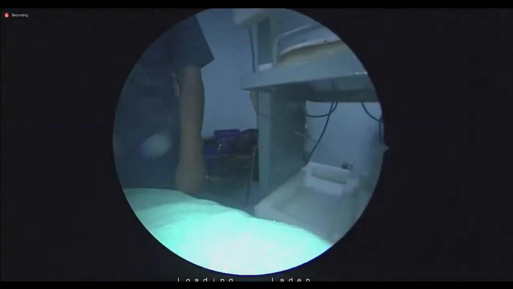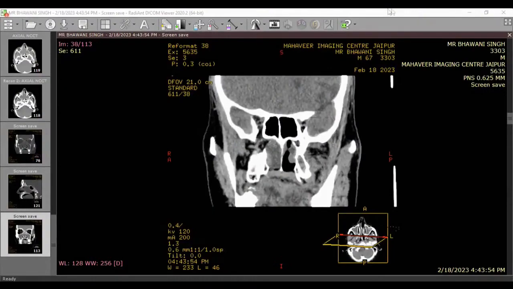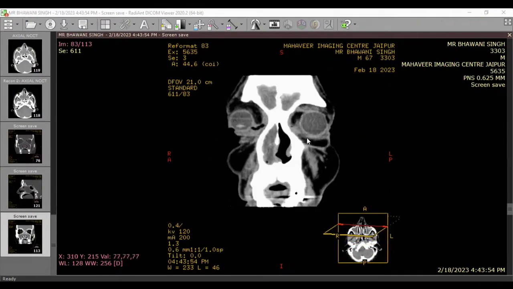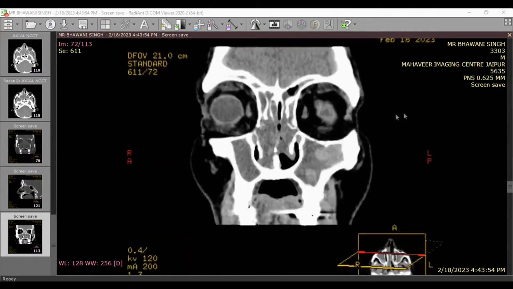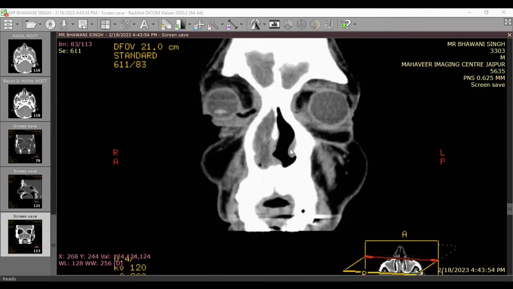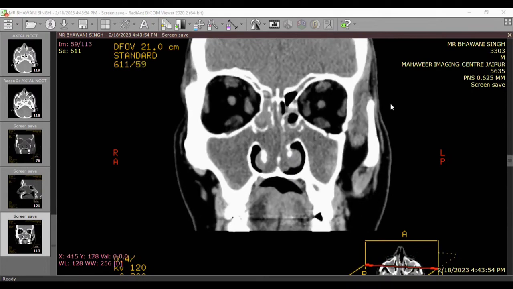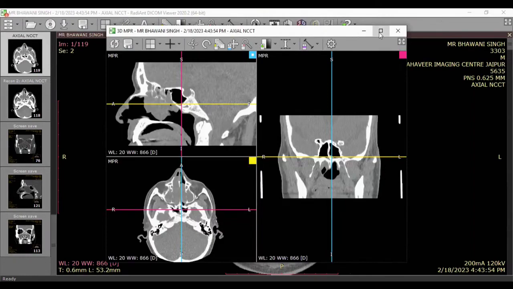So, any questions? This was the CT scan of this patient. I forgot to show you. Hello, sir.